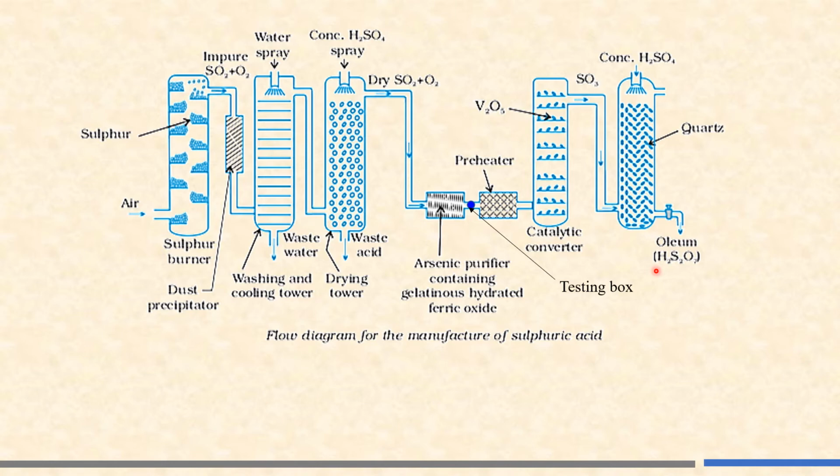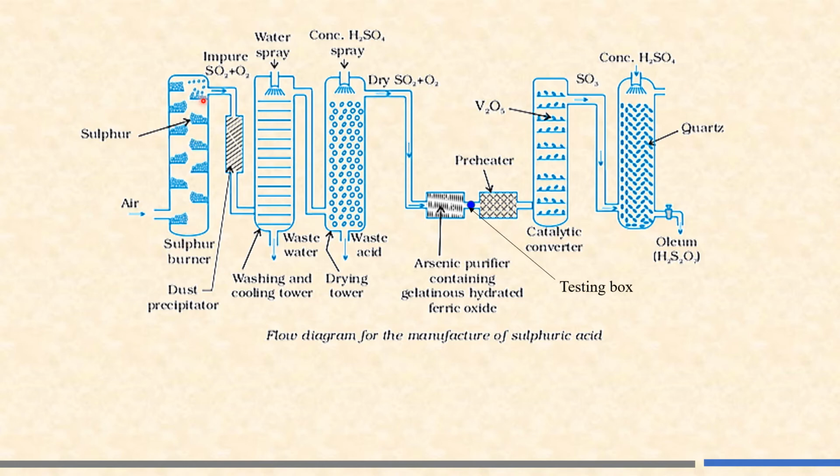The traces of sulfur trioxide are also formed to give sulfuric acid fog with water vapors present in the air. So, what is done here? Air and sulfur, present here as iron pyrites, hot air is passed here.